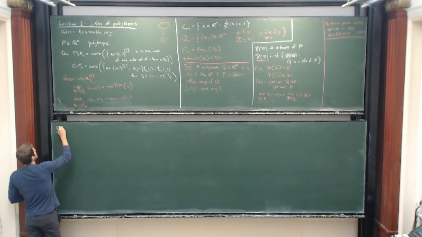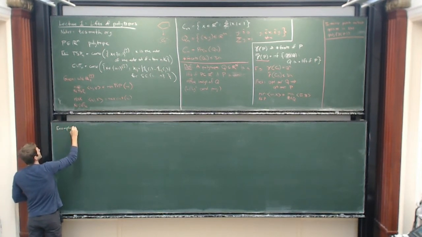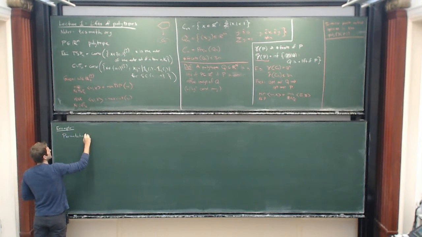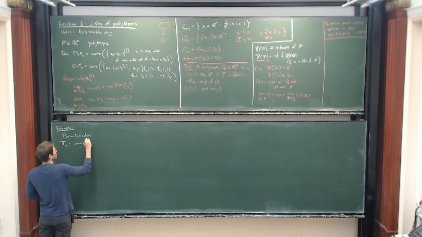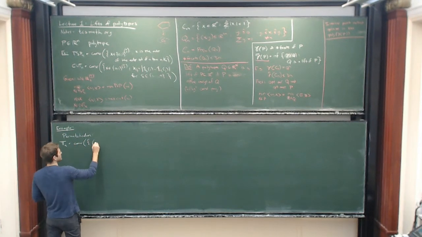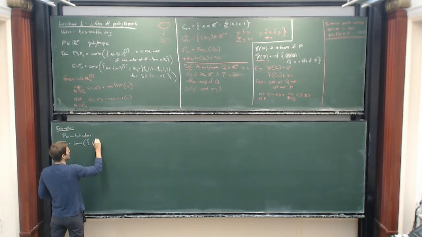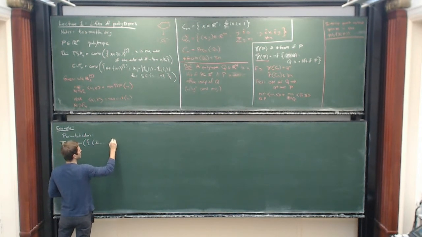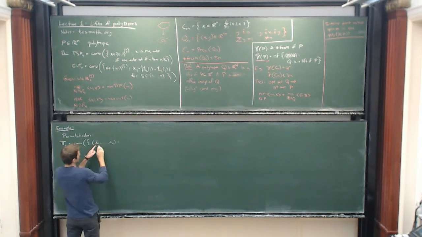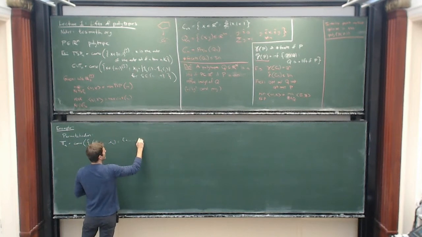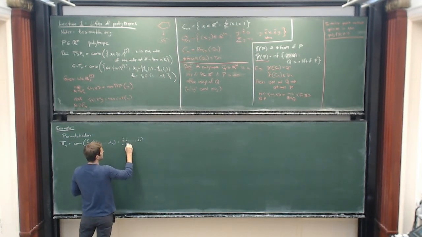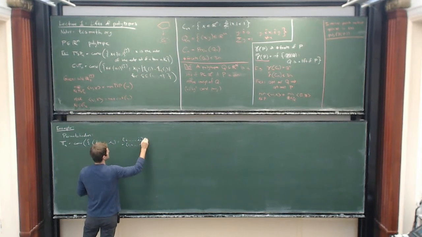which is the permutahedron. It's the convex hull of all the permutations encoded in the following way: I1 up to In, such that this set I1 up to In is equal to 1 to n.